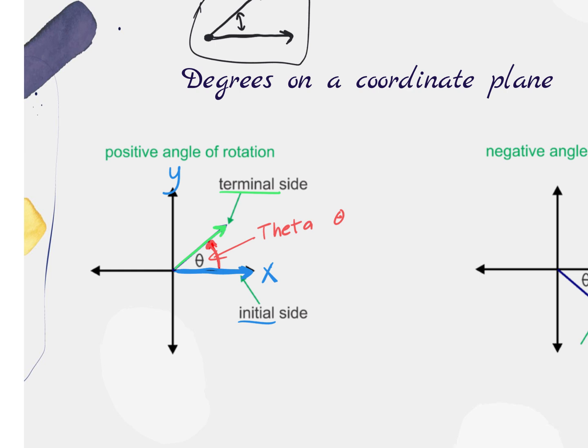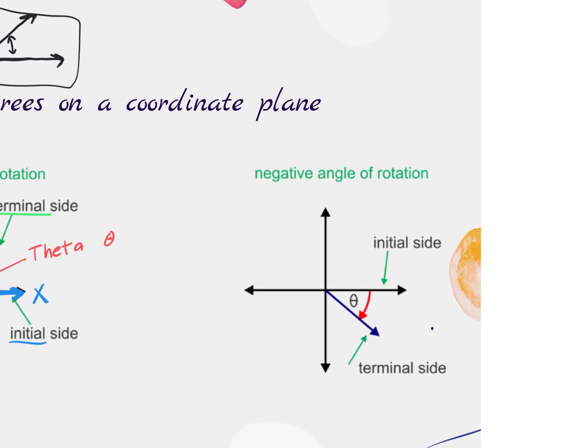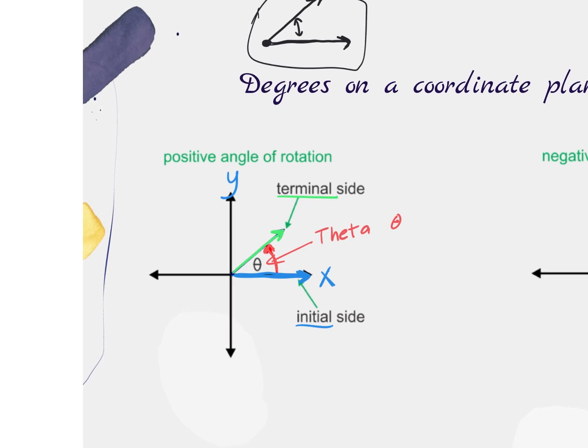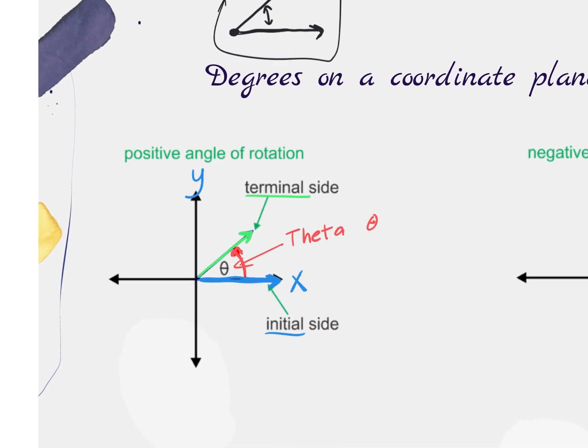All right, now you can see we have another one over here. On this slide, this represents an angle with a positive angle of rotation. What that means is you're rotating counterclockwise.